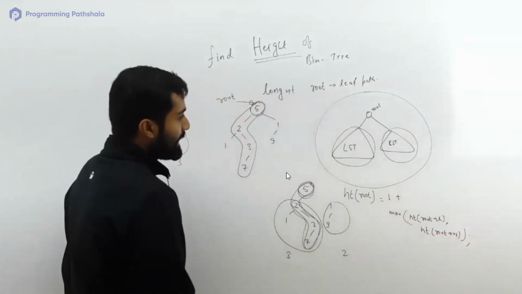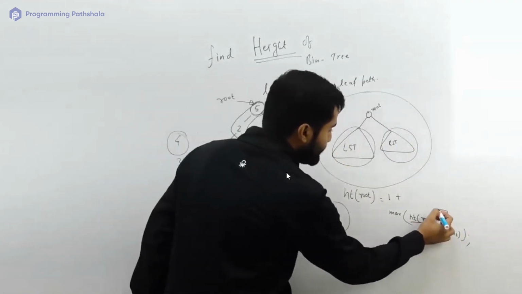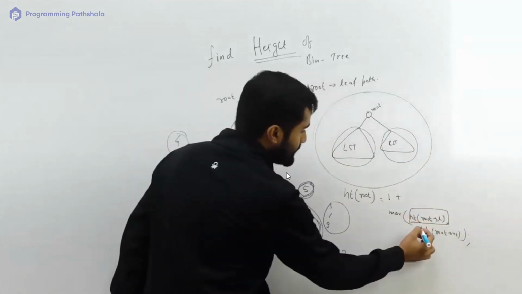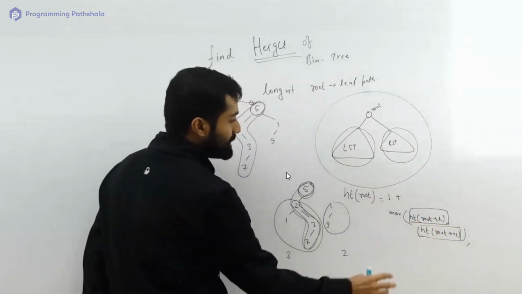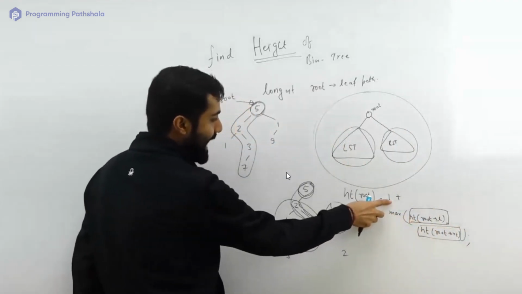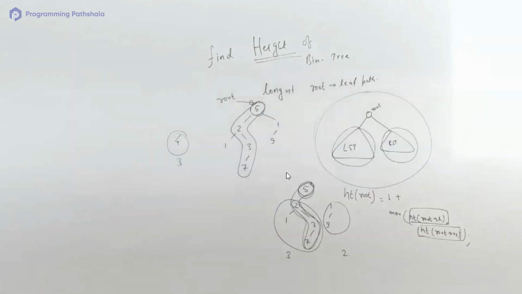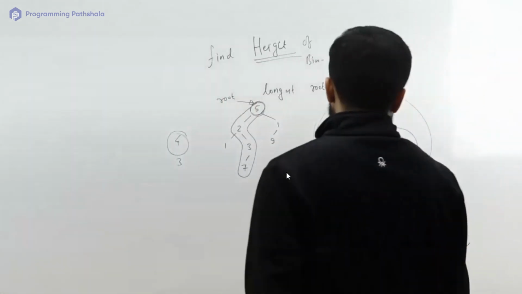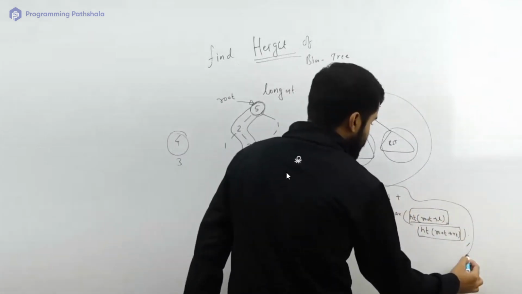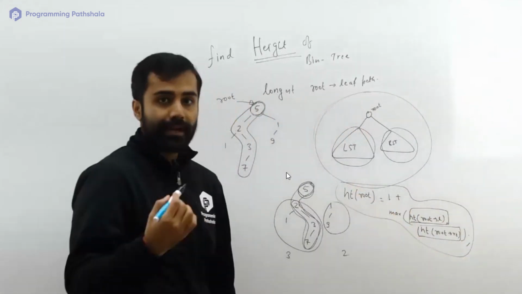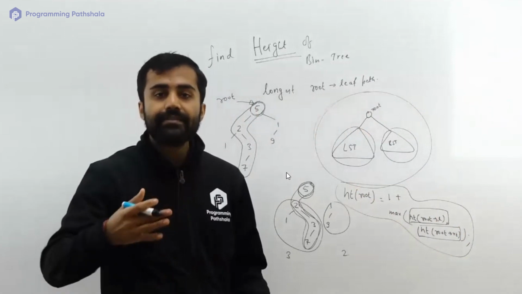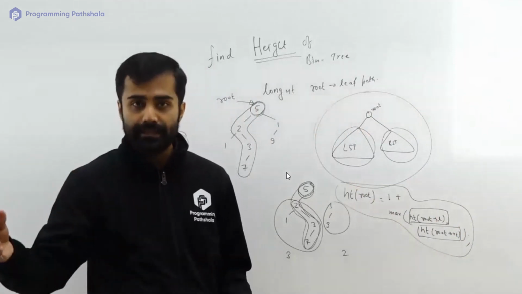So it means that if I know the height of my left subtree and the height of my right subtree, then I can just figure out the max of those, add 1 to it, and that will be the height of the overall tree. Now, yesterday I told you one more thing. Any such recurrence relation or equation that you write will have some base cases, some edge cases.